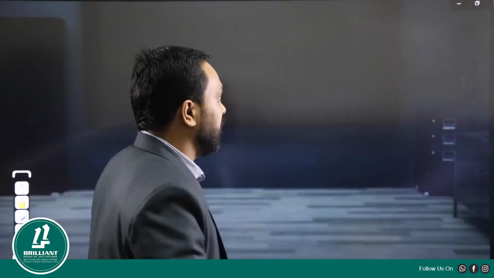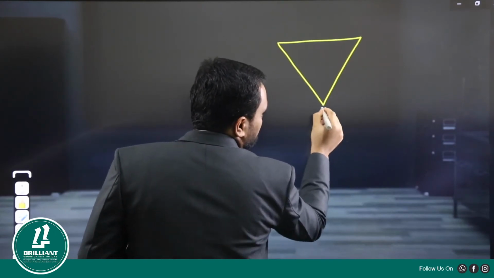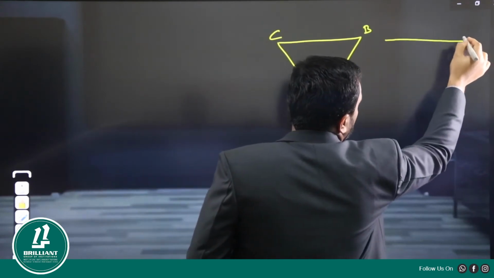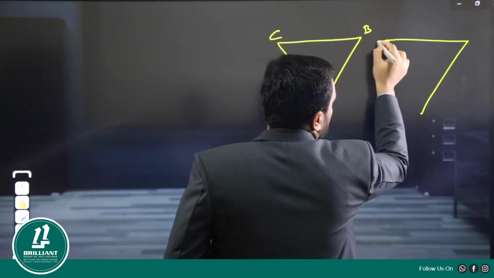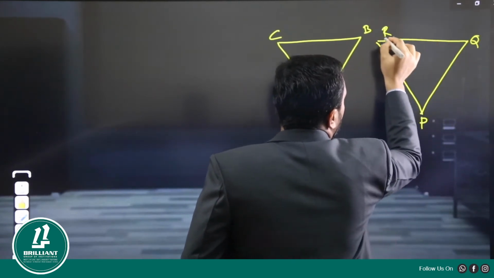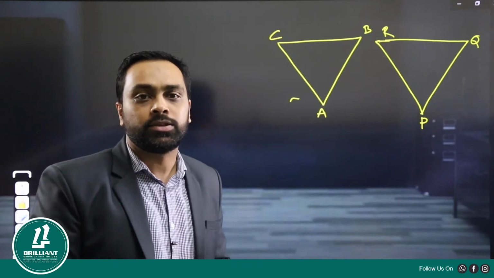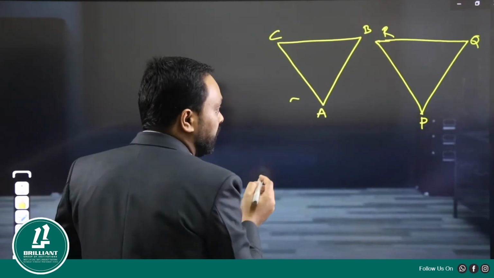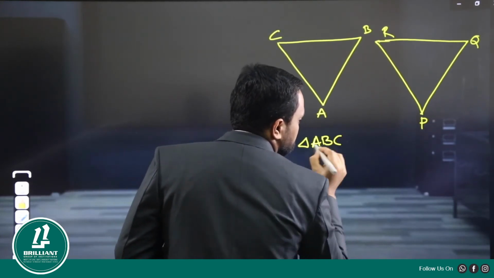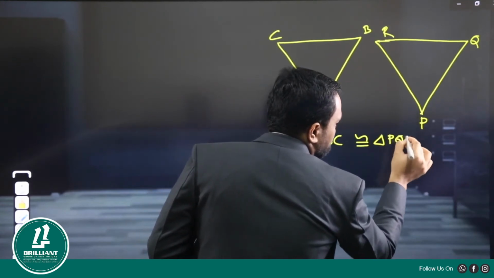Now consider two triangles, triangle ABC and triangle PQR. Suppose these two triangles are congruent by the SSS congruency rule. So we can say that triangle ABC is congruent to triangle PQR. This is the symbol of congruency.